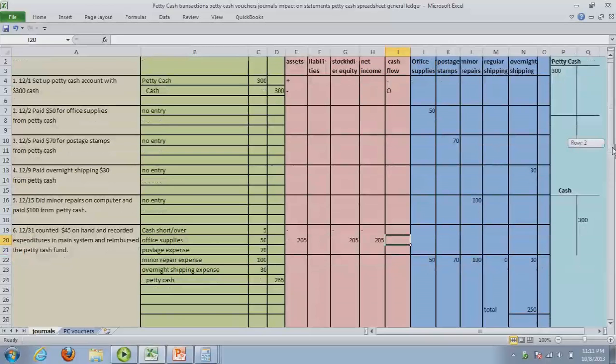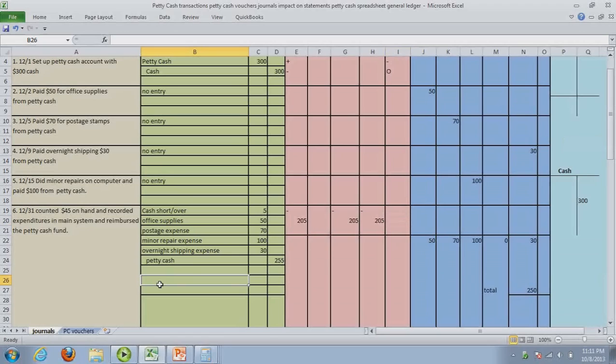And then the next transaction, if you do it this way, would be that to reimburse the fund. Put $255 back in to add to the 45 to get us to 300. So the second entry would be debit petty cash, 255, and credit cash. Okay, and this entry, as you can tell, is an asset exchange.